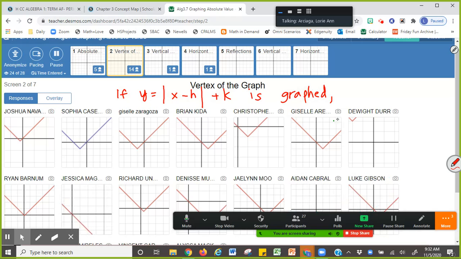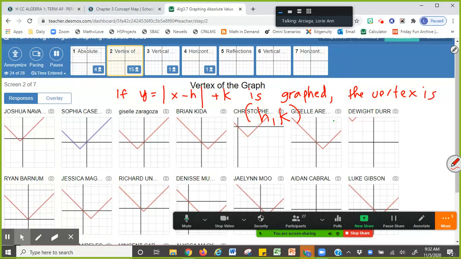I don't have space, so I'm just putting it here. If y is equal to absolute value of x minus h plus k is graphed, the vertex is h, comma, k. So what does that mean? This one is the opposite because it went to the opposite direction, right? And then this one you copy exactly.